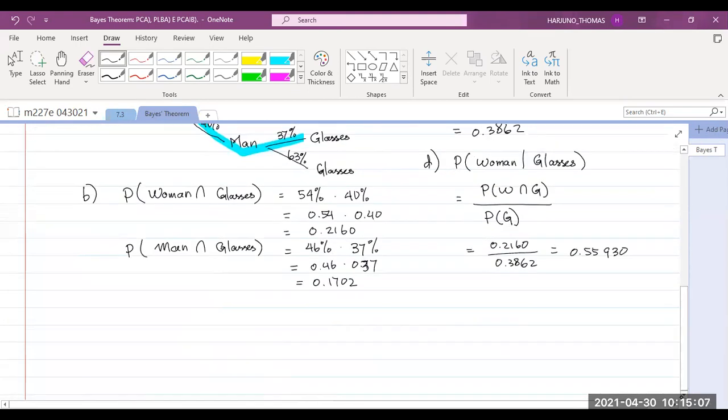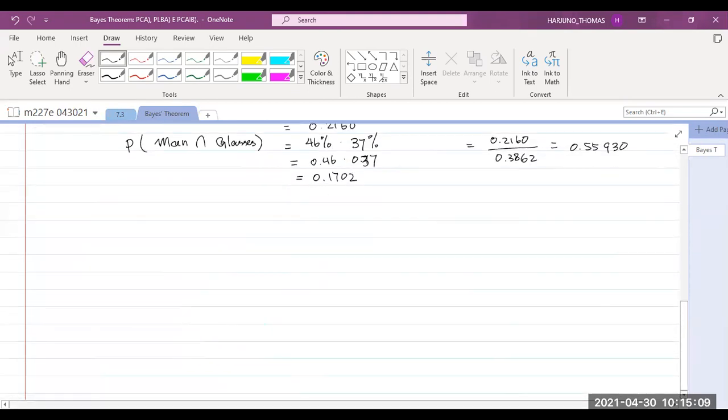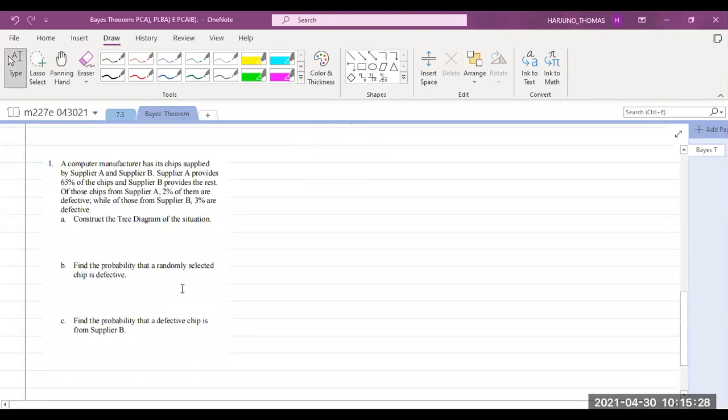Now let's see the next example. This time I will take it from here. Let's call this example 2.